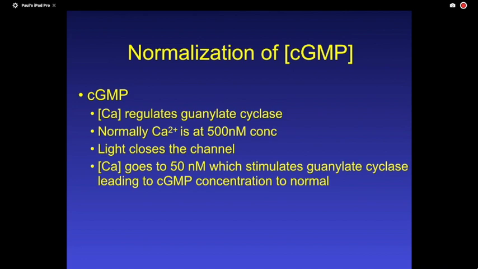Once the calcium goes down, it stimulates guanylate cyclase, which we've seen before. This enzyme won't take ATP, it will take GTP and convert it to cyclic GMP, and the concentrations will go up.